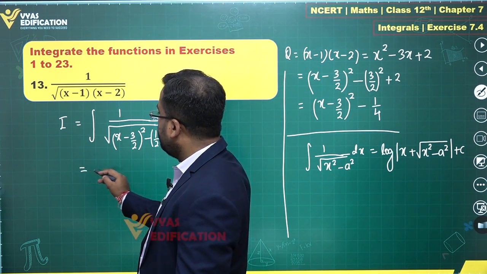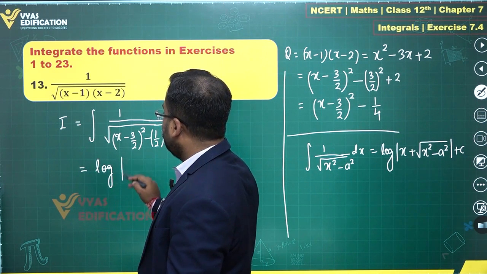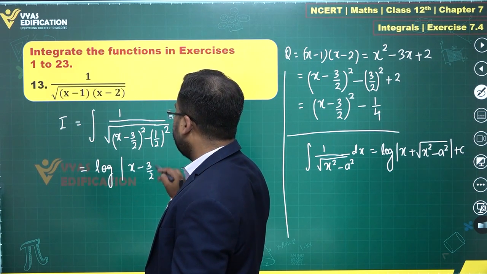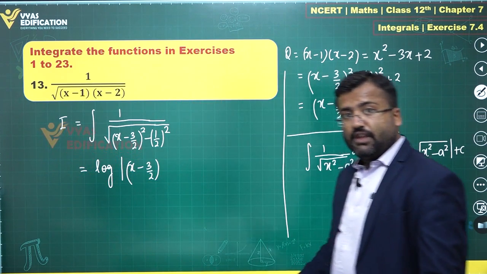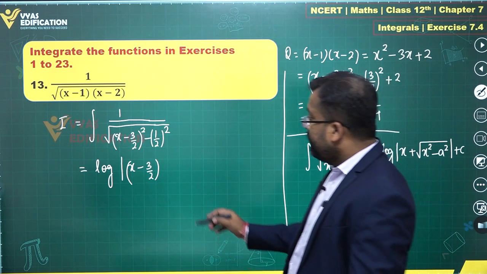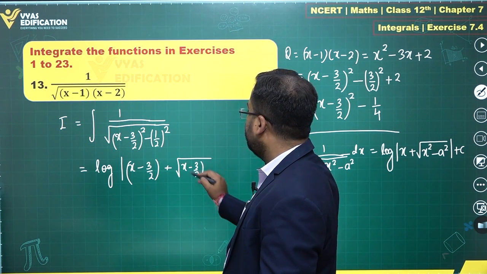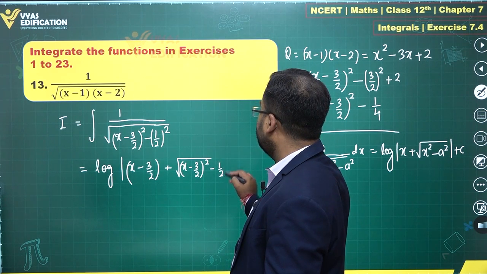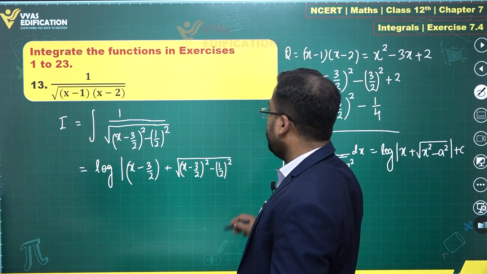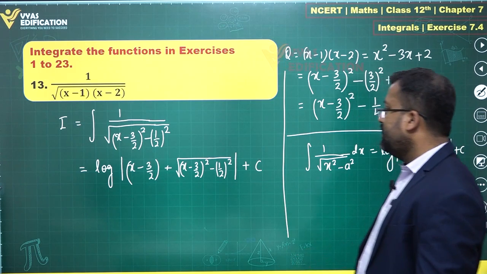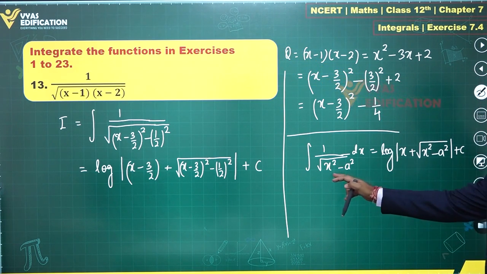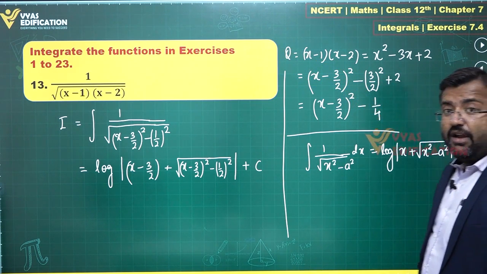So, this will be equal to log modulus x minus 3 by 2. Instead of x, we have x minus 3 by 2, plus under root of x minus 3 by 2 square minus 1 by 2 square, modulus plus constant. This is what you have using this version. Instead of x, we have a linear expression of x, so we'll divide by the coefficient of x.